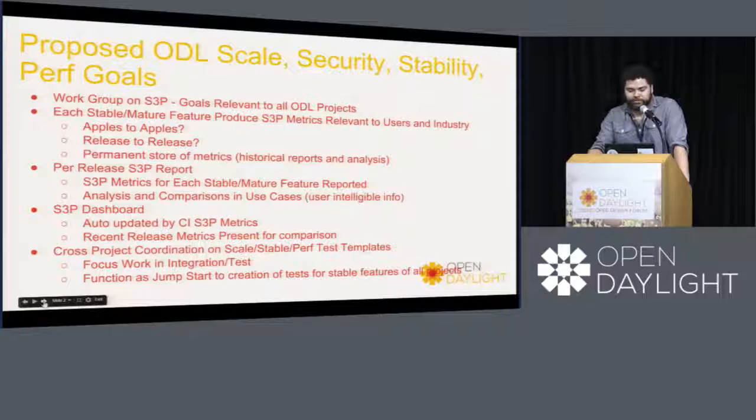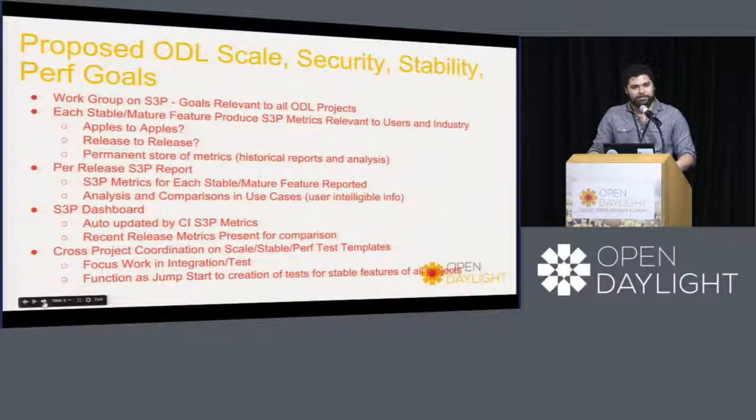So the first idea that I had, and that we've kicked around a lot in integration test and other places, is to have each stable feature produce relevant metrics to the users and the industry in general. I think one of the problems we have with our current metrics in CI is that they're hard to interpret.